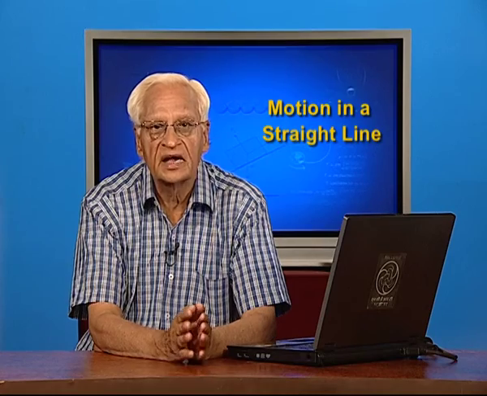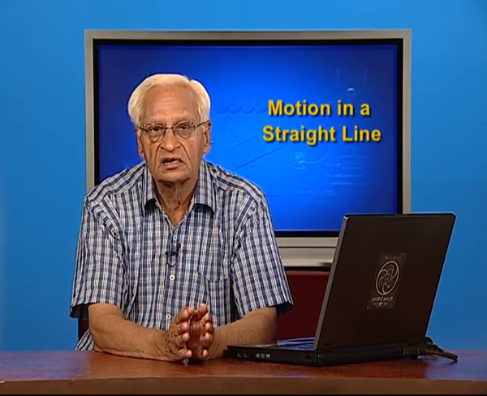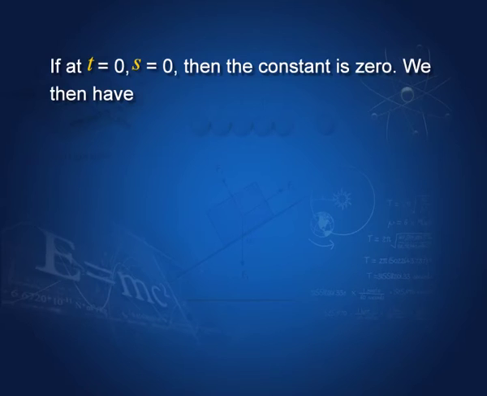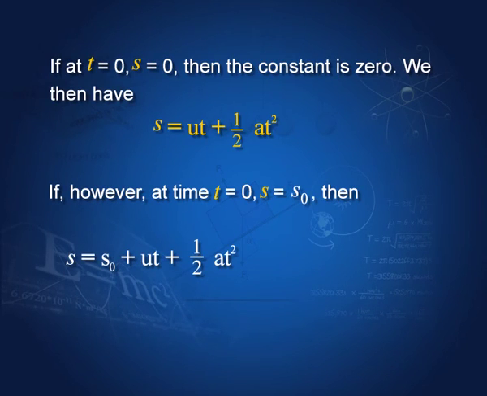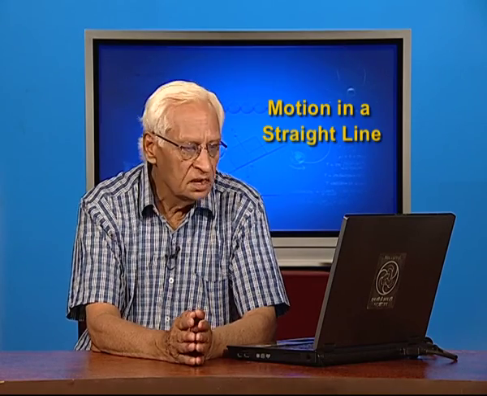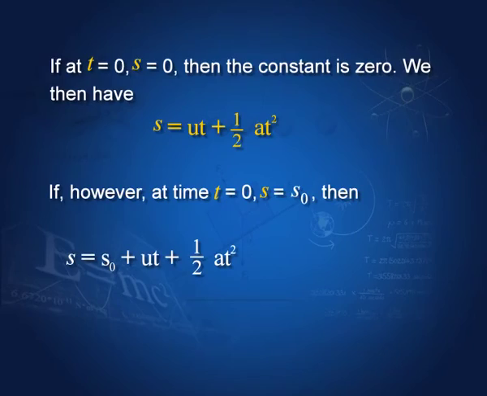This constant is again determined by the initial condition. If initially s is equal to 0, then the constant is 0 and we get the equation s is equal to u t plus half a t square. On the other hand, if at time t equal to 0, s is equal to some value s 0, then the equation becomes s equal to s 0 plus u t plus half a t square, because s 0 is in this case the constant of integration.